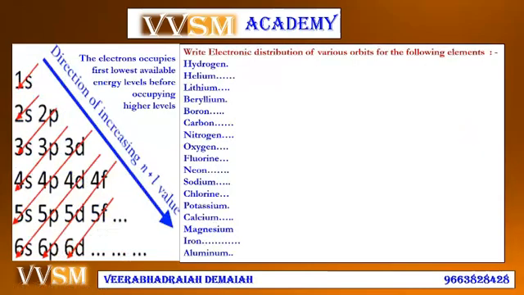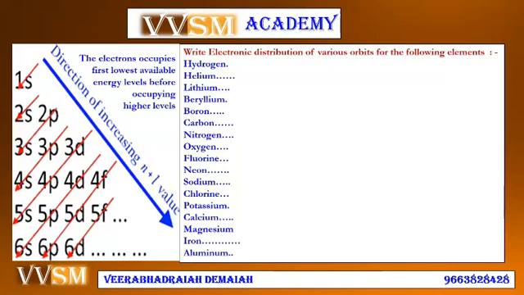Yes, friends, please take this as a home assignment for practice purposes. Write the electronic distribution of various orbits for the following elements. I have arranged 1 to 10 for your information.